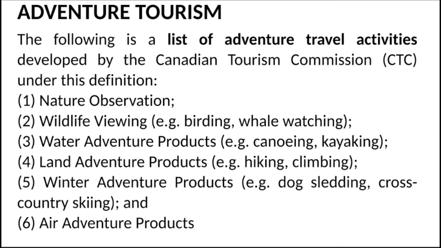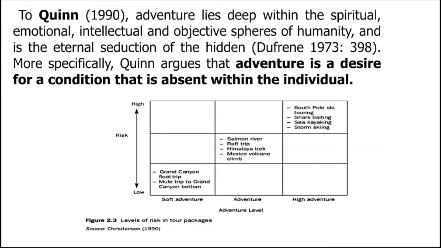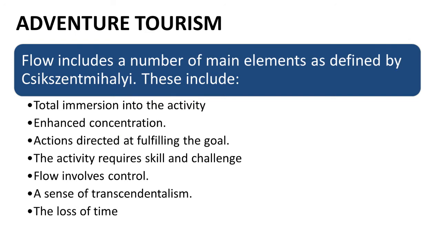So, I know all of these kinds of travel activities are familiar to you as discussed last semester. So, next one is, there is a flow that includes a number of main elements as defined by this kind of person. So, hindi ko nasasabi yung kanyang pangalan because as you can see in the screen, medyo mahirap i-pronounce yung kanyang name.